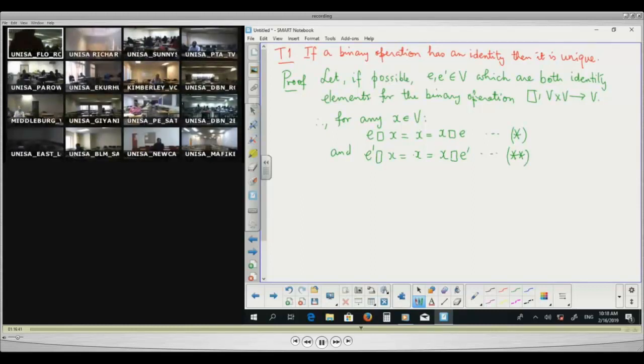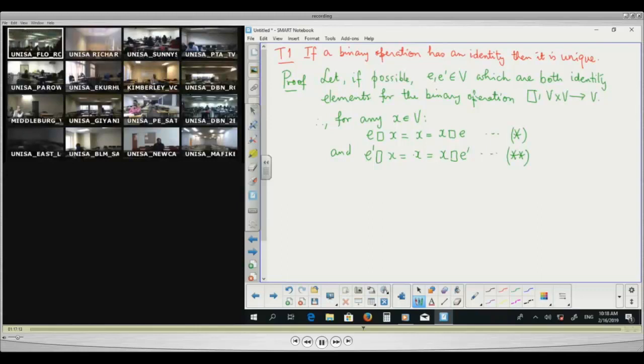At any stage, let me pronounce this slogan: try to see what you are given, try to see where you have to go, and choose the simplest path. The simplest path will give you the answer.